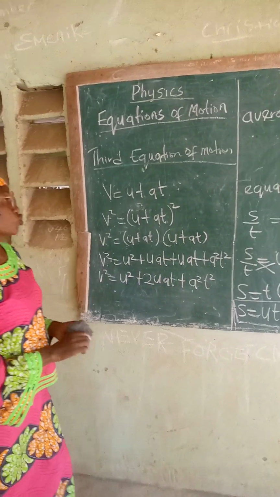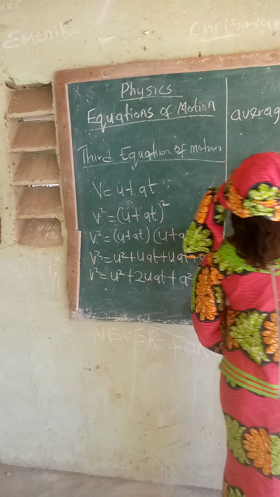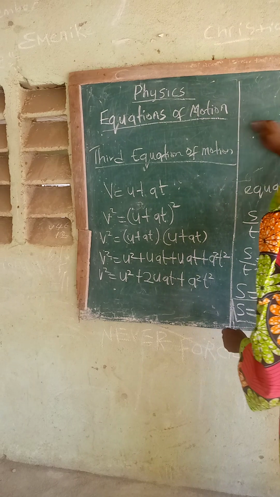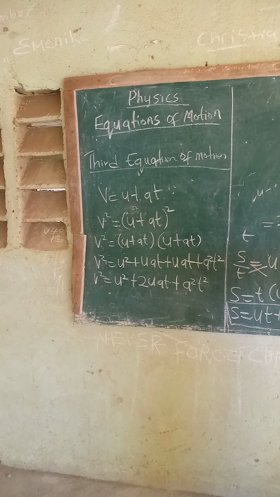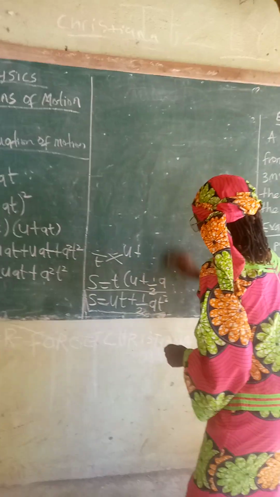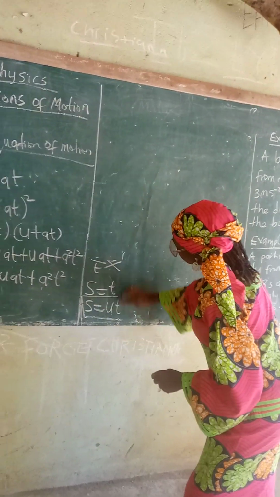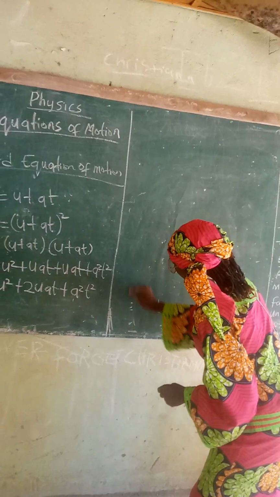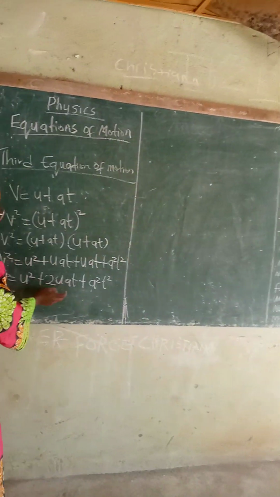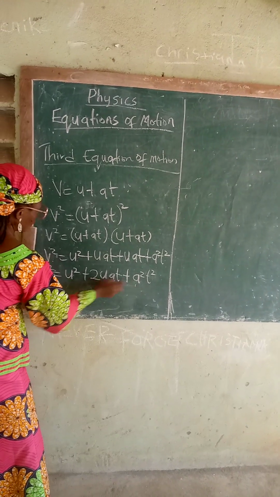Now we are going to factor out 2A from these two terms.